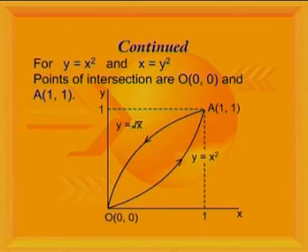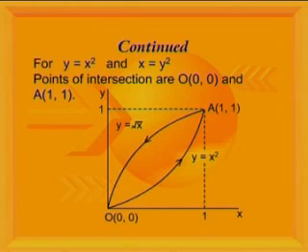You can consider it as x is equal to y square. So therefore this will be a parabola whose axis of symmetry will be along the x-axis, and you can see in the diagram these both parabolas are meeting at the origin (0, 0) and the point (1, 1).